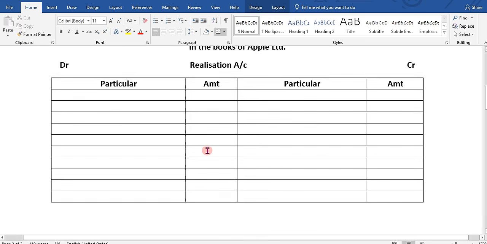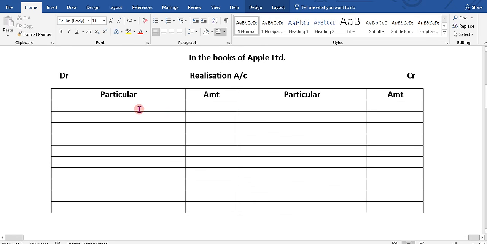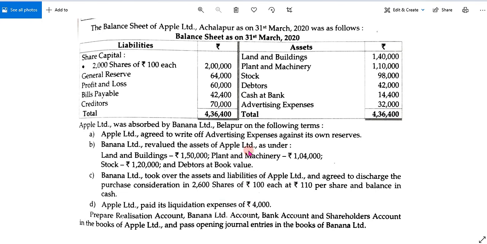Now first of all, in realization you have to note down all the sundry assets on the debit side and all the sundry liabilities on the credit side. In realization account you will note down all the assets at book value, that means as given in the balance sheet of Apple Limited.